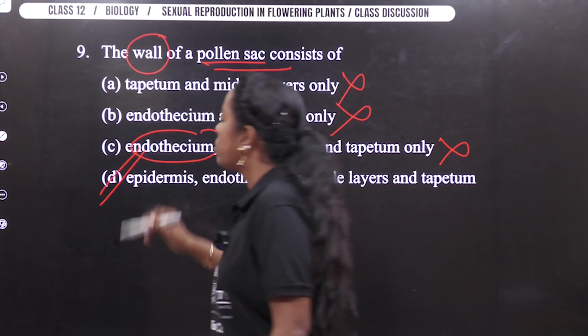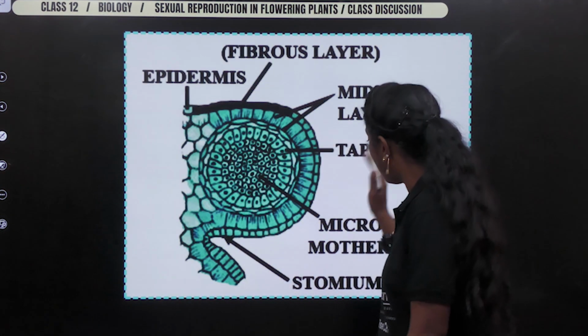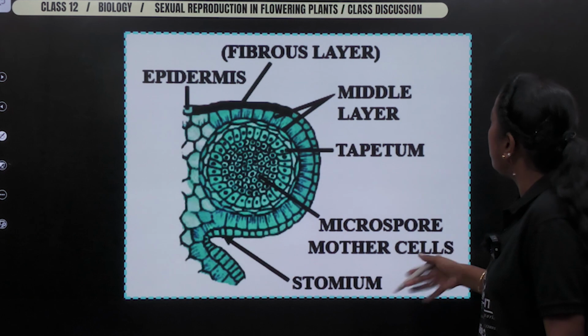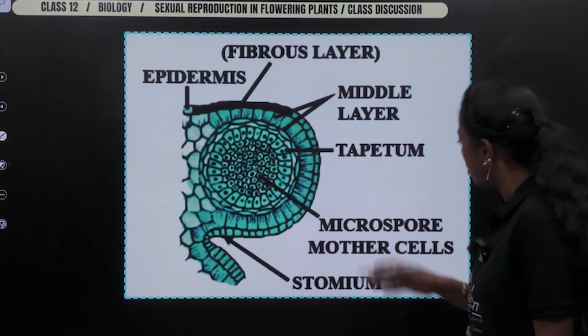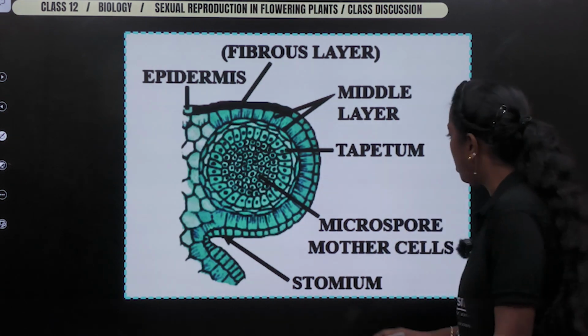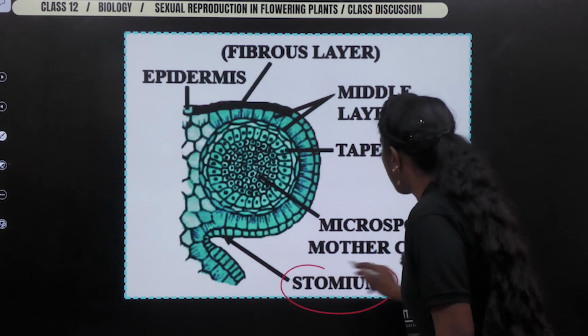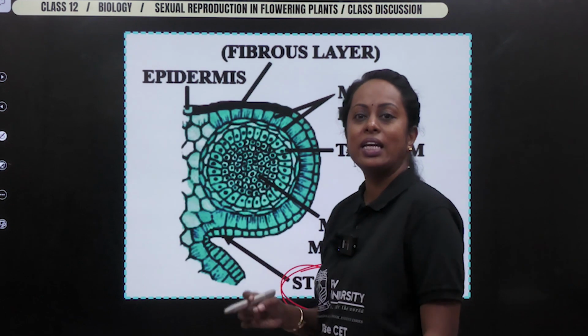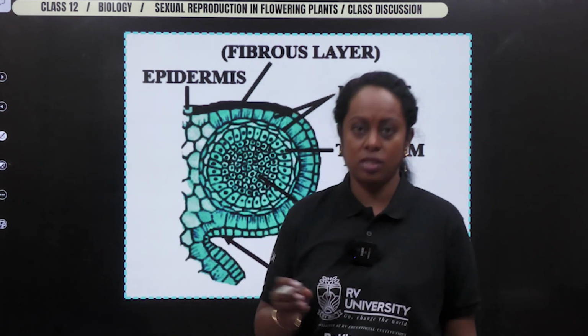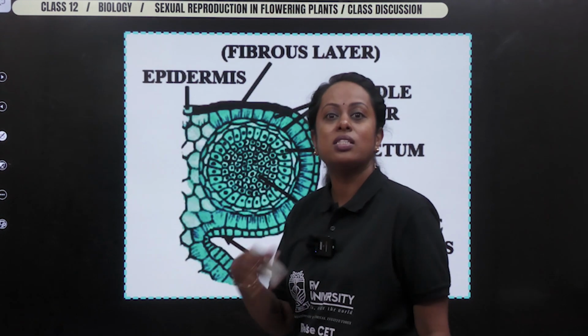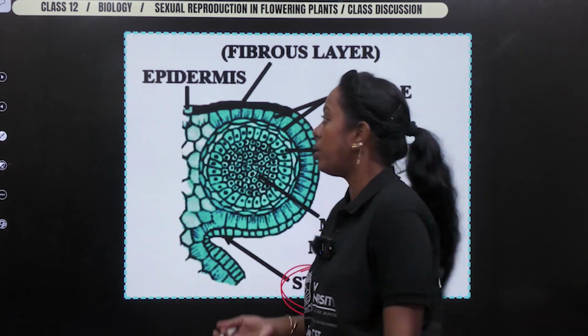These are the walls of the male you have studied. So this becomes the fibrous layer, epidermis, then comes endothecium. Let me just add on a point. You can see this particular word which is called stomium, the line of dehiscence, where the anther, when it matures, releases the pollen grains outside, which indicates anther attained maturity.